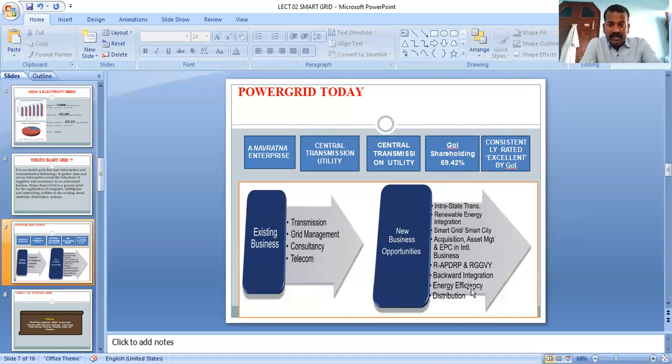Okay, backward integration, energy efficiency, distribution. The only way to improve energy efficiency is using a smart power grid, because a smart power grid has sensors to sense the faulty condition, or the condition beyond the rated voltage, current or frequency, and it takes quick decisions to correct it or heal it.